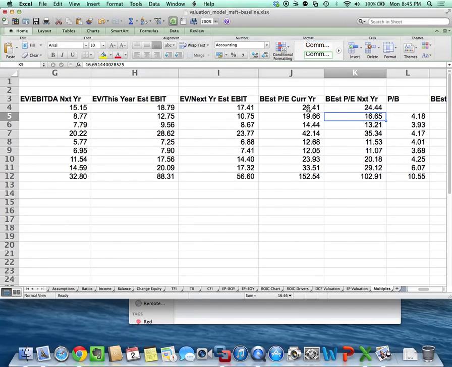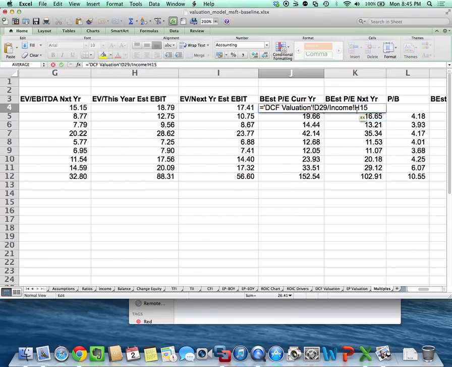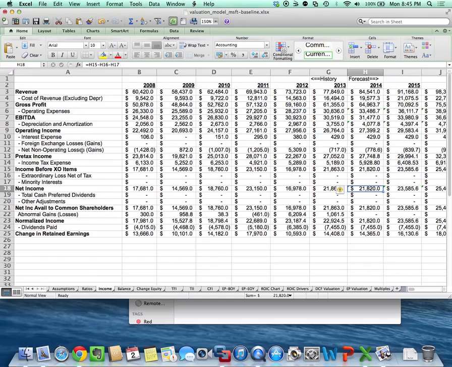All right. By the way, the other thing we want to probably do with the PE is, if you look back here on the income tab, we also subtracted out any net non-operating gains and losses. If you remember, in Bloomberg, when they do earnings per share, they're doing adjusted earnings per share so that you can take out non-operating and one-time items.